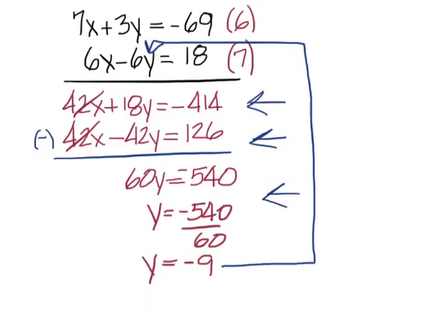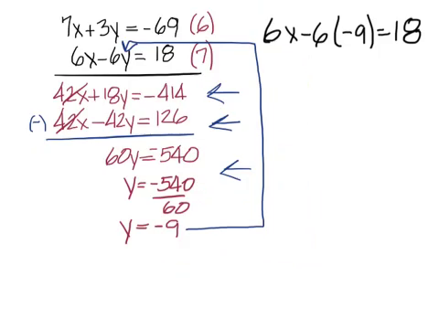If I plug negative 9 into y in the second equation, what answer am I going to get back for x? He says negative 6. So I'm plugging in negative 9 here. And I get back a positive 54 from this multiplication.